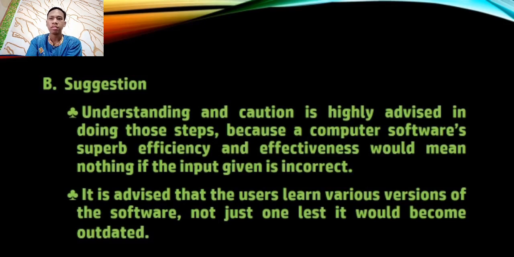And also because the software is always upgraded periodically, and each upgrade will certainly come with some changes, it is advised that users learn various versions of the software, not just one, lest it become outdated and can't be used anymore.